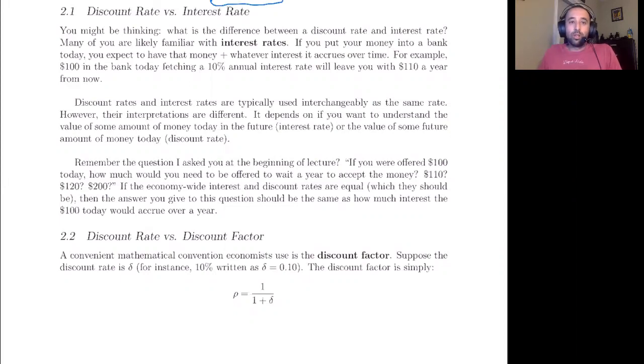As I alluded to in the last video, there is a tightly interlinked relationship between the discount rate and the interest rate. Many of you are likely familiar with interest rates, right? If you put your money into a bank today, you should expect to have that money plus whatever interest it accrues over time.